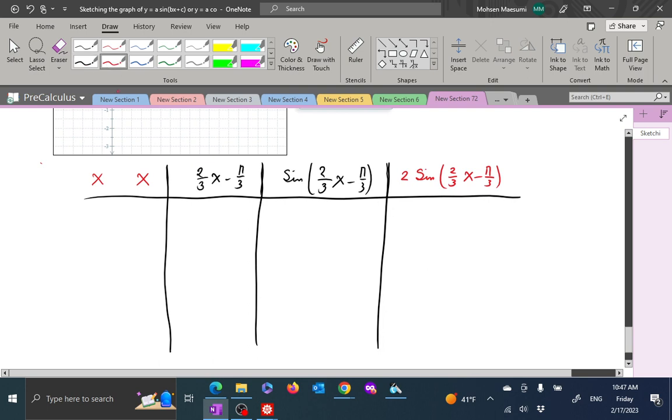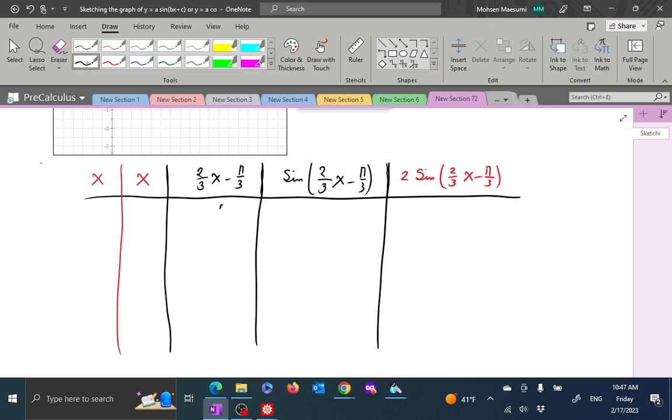And so 0, pi over 2, pi, 3 pi over 2, 2 pi, and sine 0, 1, 0, minus 1, 0, double 0, 2, 0, 2, 0, minus 2, 0.